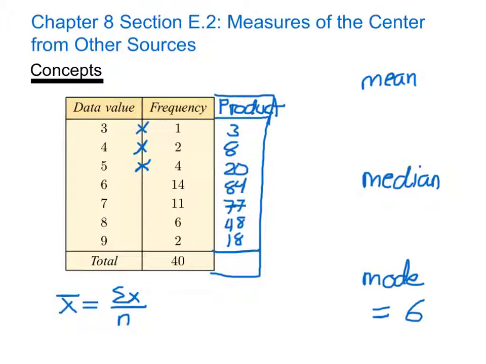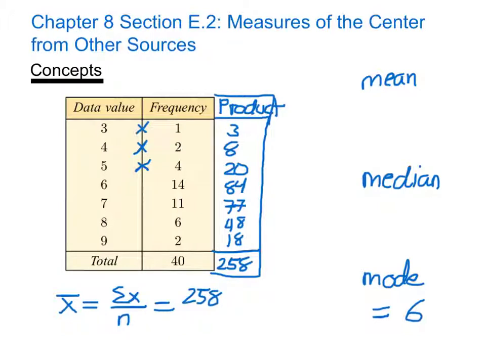This column allows me to quickly find the sum of all the data values. If I add this column up, I get 258. This is the same number I would get if I took all 40 data values individually and added them together.